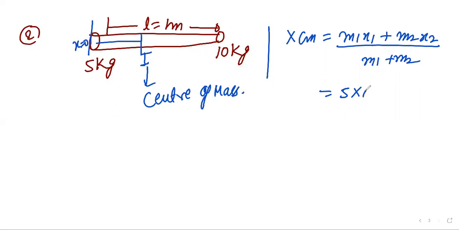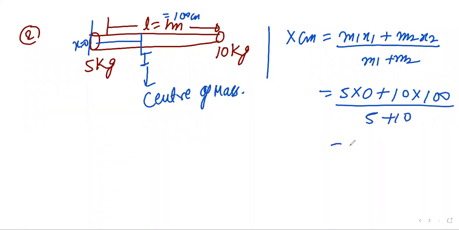So it will be 0 plus 10 into 100, since 1 meter is equal to 100 centimeters. So divided by the sum of the masses, 5 plus 10.